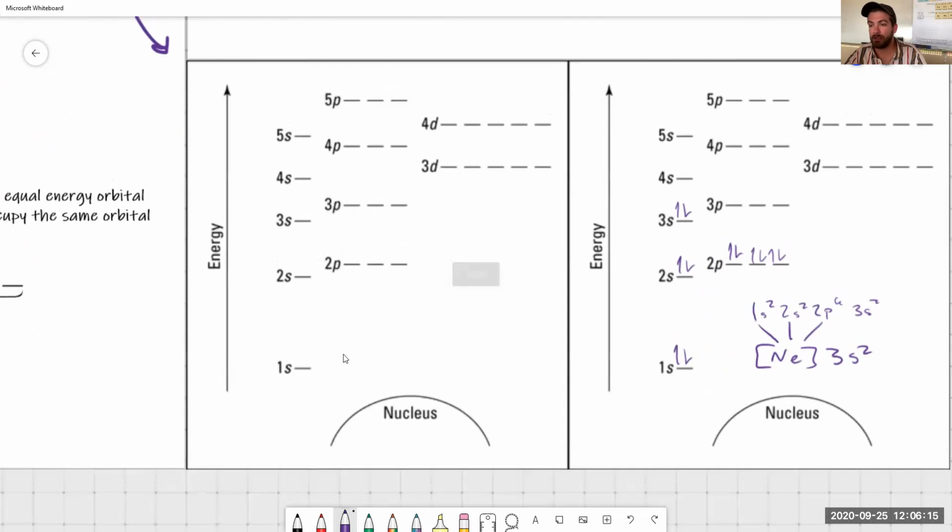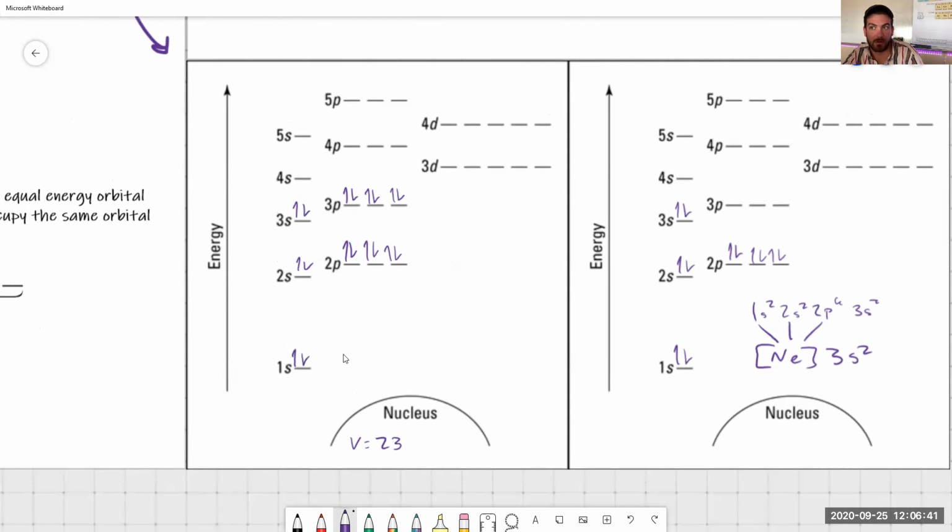So for vanadium, 23, let's put them in. 1, 2, 3, 4, 5, 6, 7, 8, 9, 10, 11, 12, 13, 14, 15, 16, 17, 18. Now, I'm jumping to 4s2, not 3d3. Why? 4s2 has less energy than 3d, right?